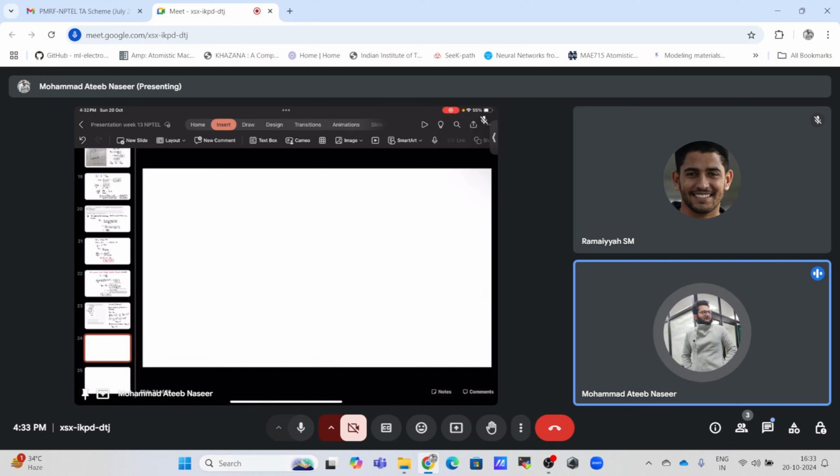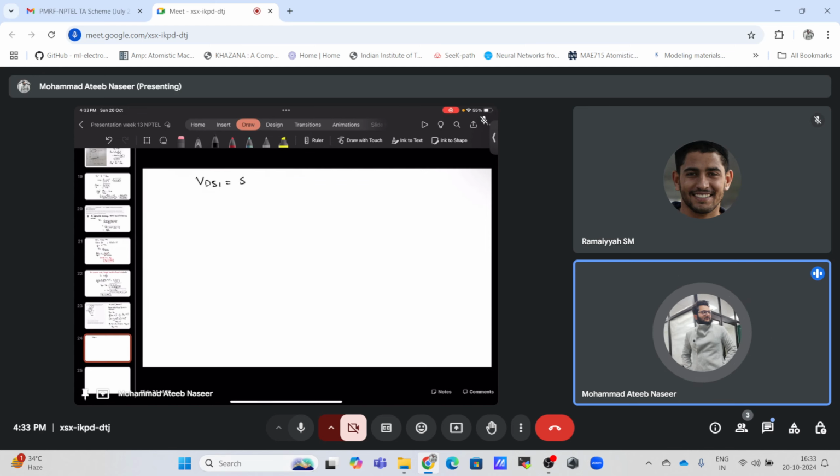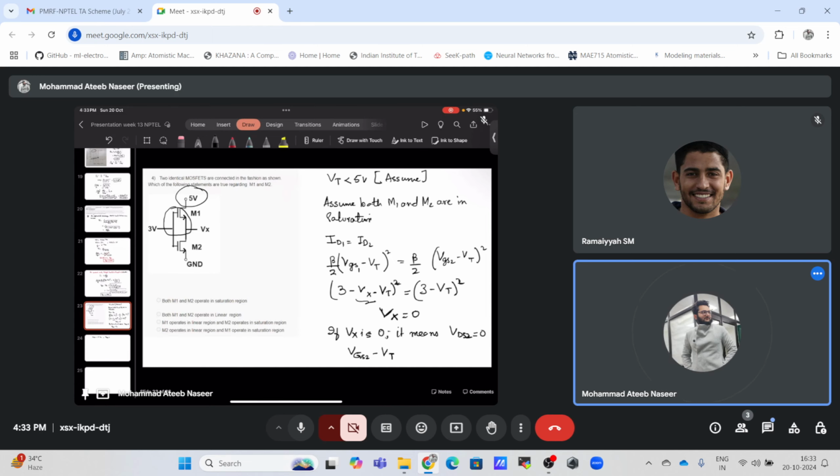If I assume that M1 is in saturation and M2 is in linear, what would happen? Assume that VDS1 is simply 5 minus Vx, and VGS1 is simply 3 minus Vx.